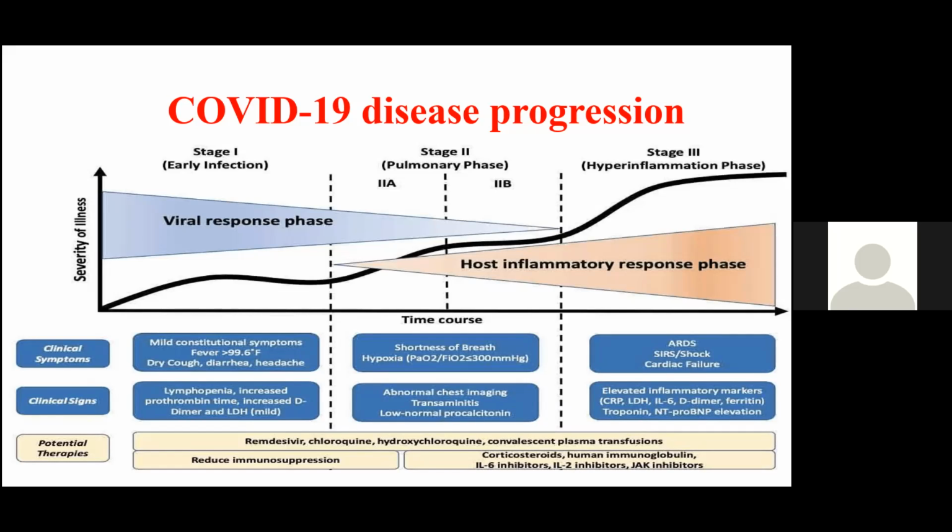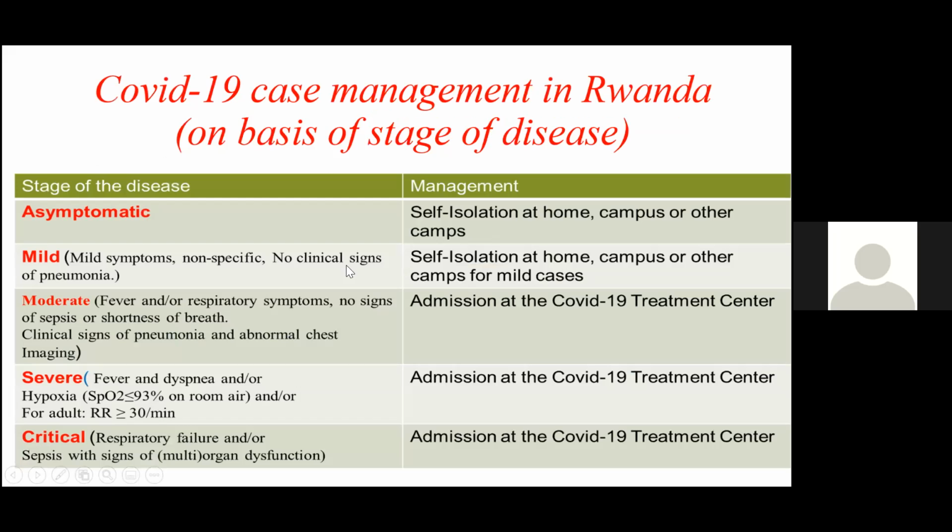And in stage 2, we are giving also steroids for those patients. And for stage 1, we are using medication to reduce viral replication, especially favipiravir. Can we go to the next slide?